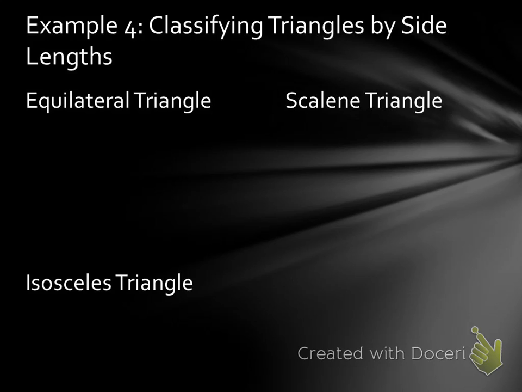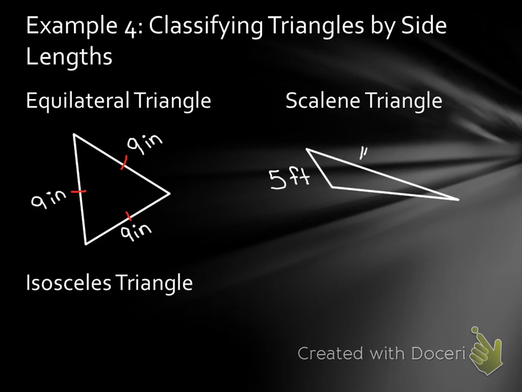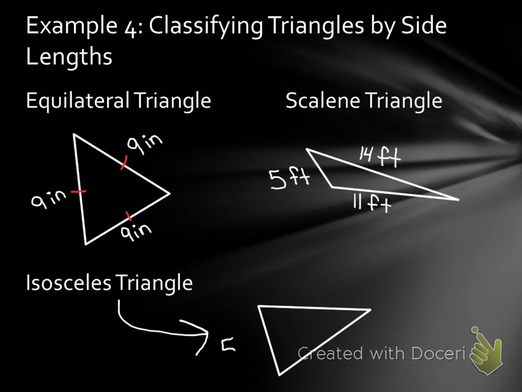All right, in example 4, now we're classifying triangles by their side lengths. So we have an equilateral triangle, a scalene triangle, and an isosceles triangle. Go ahead and copy down these triangles, and then we'll go over their definitions. An equilateral triangle has equal side lengths all the way around.